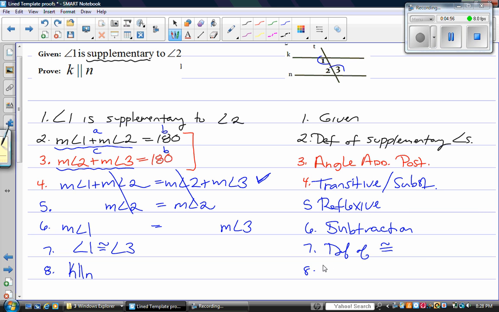If two lines are cut so that alternate interior angles are congruent, then the lines are parallel.